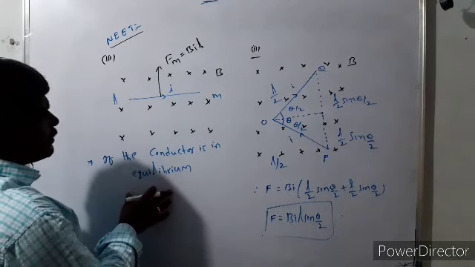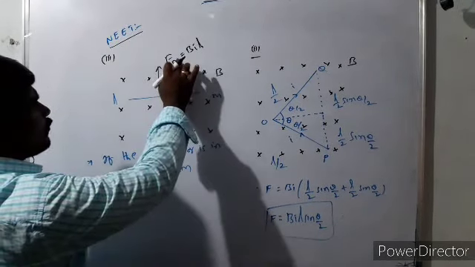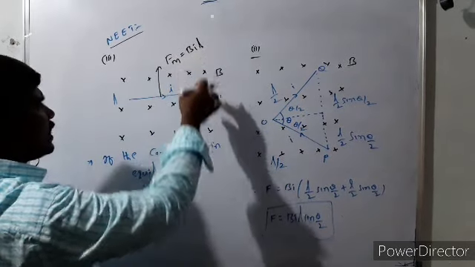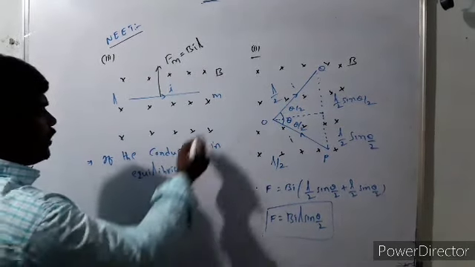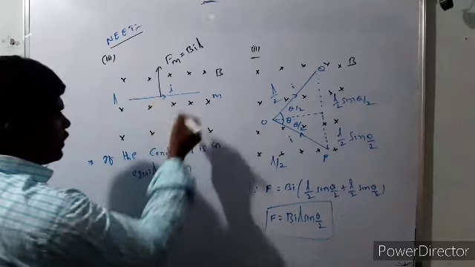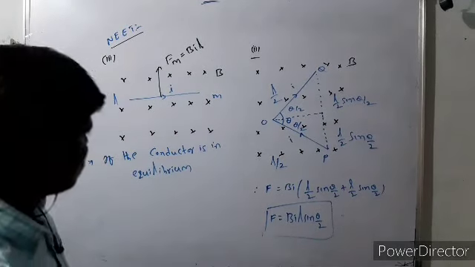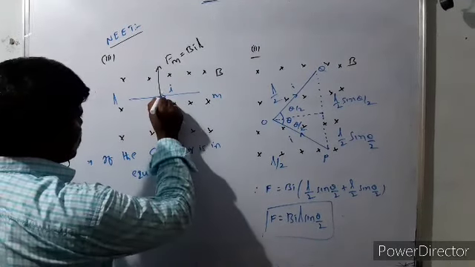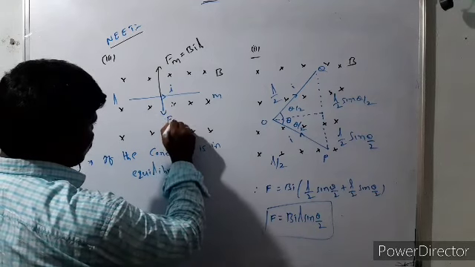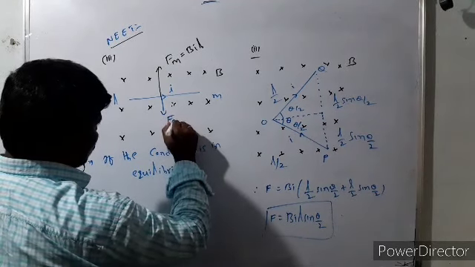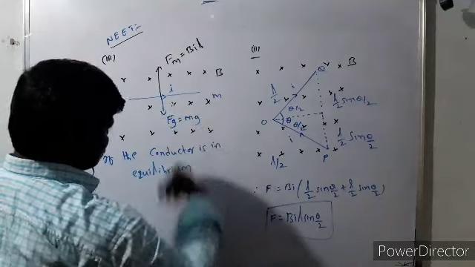But the case is equilibrium, so one more force must be there. Already we calculated one force, the magnetic force. Another force: if M is the mass of the wire, its weight acts vertically downwards. Let the gravitational force be Fg, vertically downwards. What is that value? Mg.